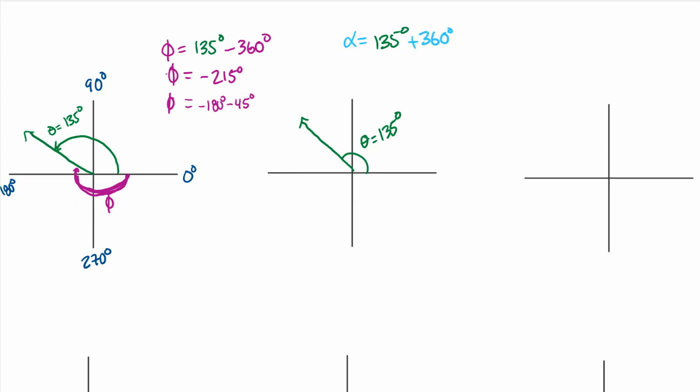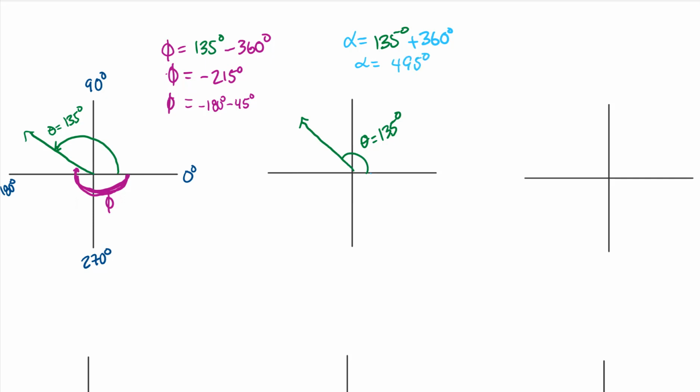Or add 360 plus 360 plus 360, it'll always be coterminal, because when you spin around in a circle, you end up back at the same spot. So by adding or subtracting multiples of 360, you will find coterminal angles.